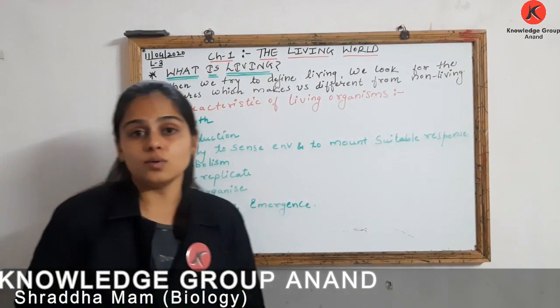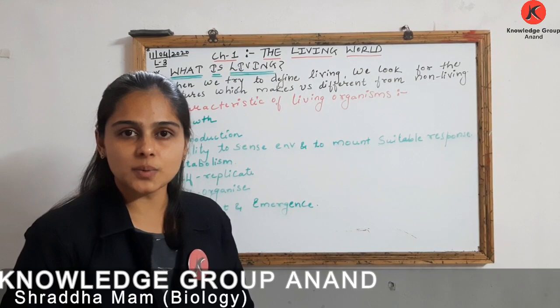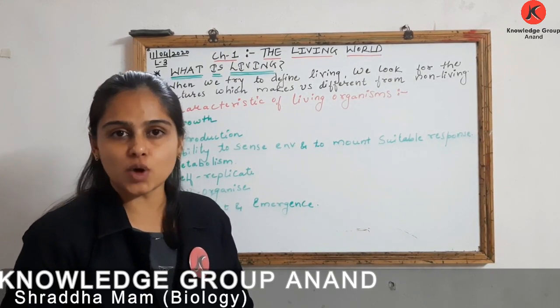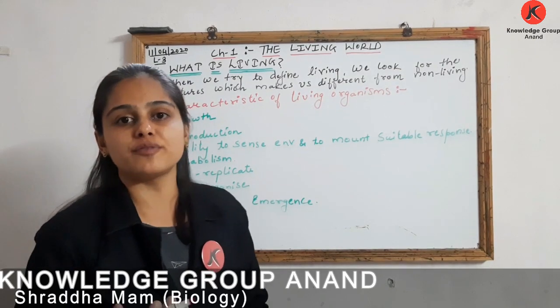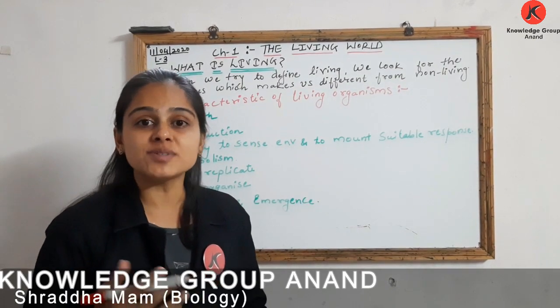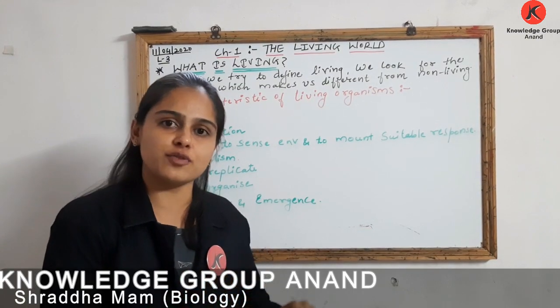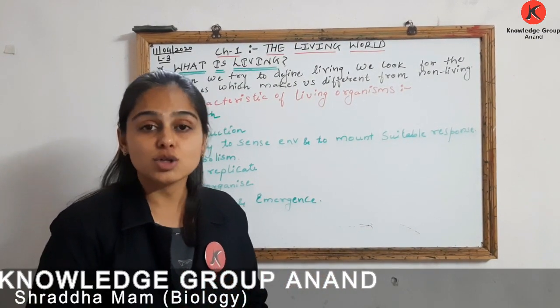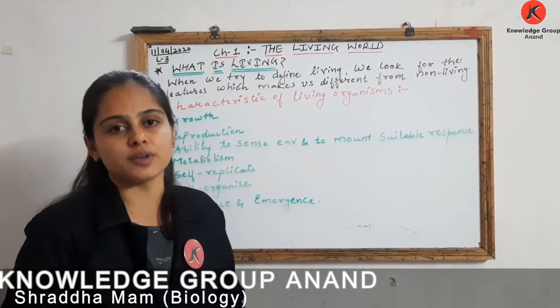Okay, now if we want to say what is living, right, certain features come to our mind that make us different from non-living organisms. I told you, if I want to define living, right, then what comes to your mind? How are we different from non-living ones, right? So here I have written some of the characteristic features of living organisms.